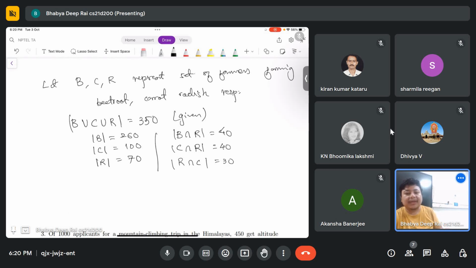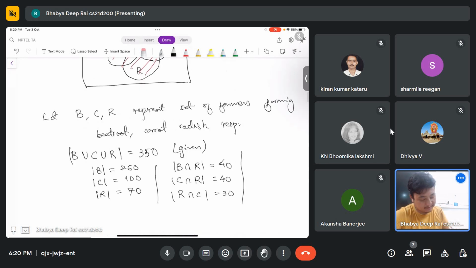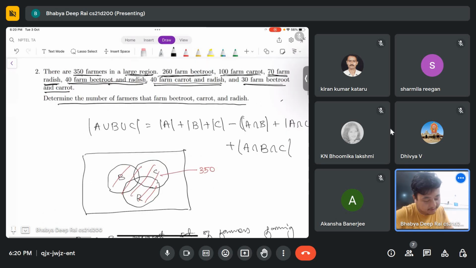Okay, and finally, what are they saying? Third, determine the number of farmers that farm beetroot, carrot, and radish.